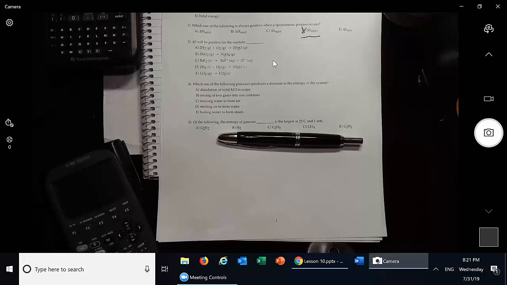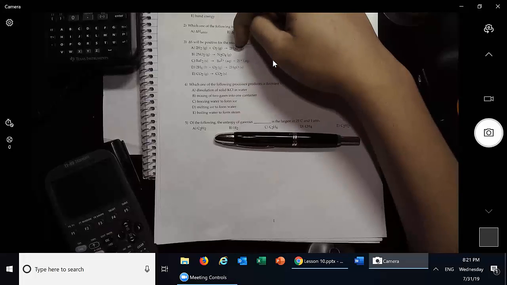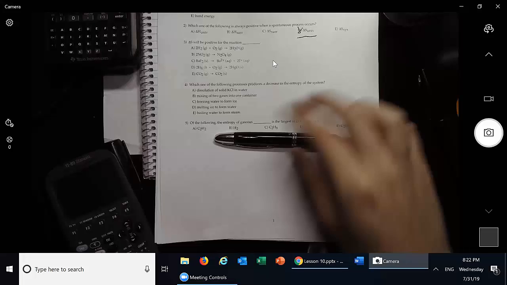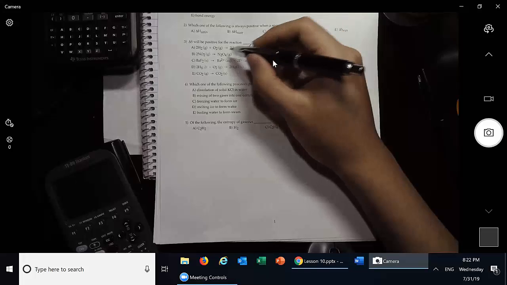So let's consider this one by one. Here we have 3 gas molecules turning into 2 gas molecules. So we're combining things together. We're turning 3 into 2. Do you think that will increase or decrease disorder? Great. We have a decrease in disorder, so it's not that. What about this one?